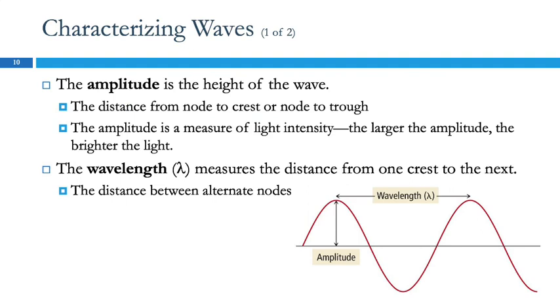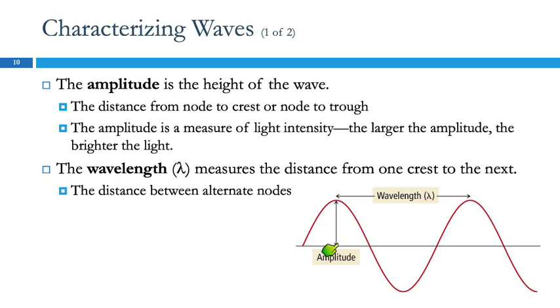So waves have some characteristics. One of those is called the amplitude. That's how tall the wave is. And so the wave oscillates. It goes up and down and up and down. It goes through zero, where it's going above zero and then an equal amount below zero.